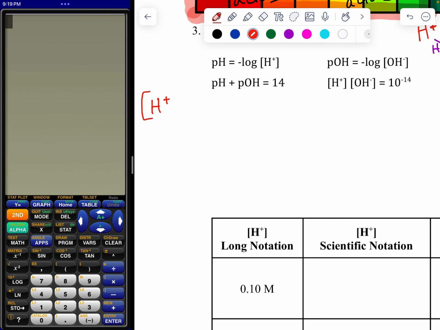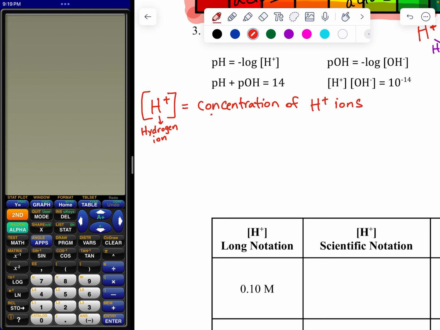Whenever I have brackets like this around a hydrogen ion, again, that's what makes an acid an acid, and the brackets just mean concentration of hydrogen ions.